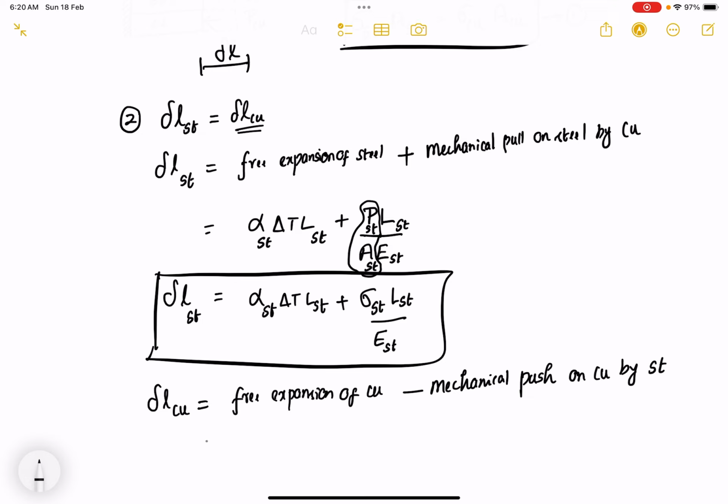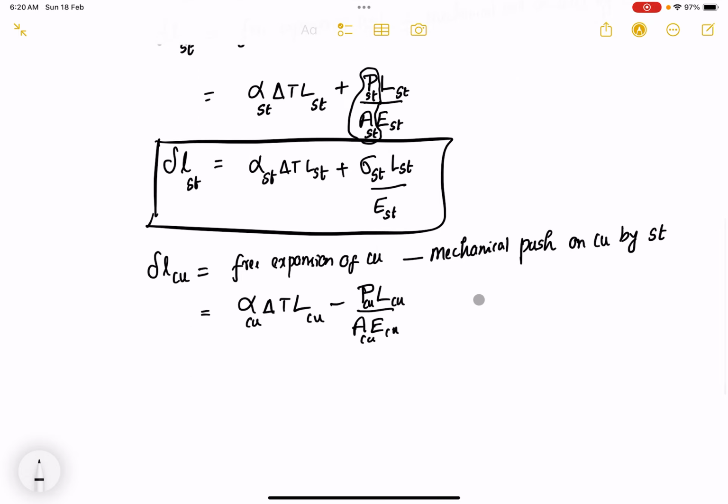So let me write it mathematically down. So it is going to be alpha delta L. I just have to add the suffix copper, minus mechanical push on copper by steel. So mechanical push is PL divided by A. So I just have to add the suffix copper. All right then. So I can write load by area as stress.